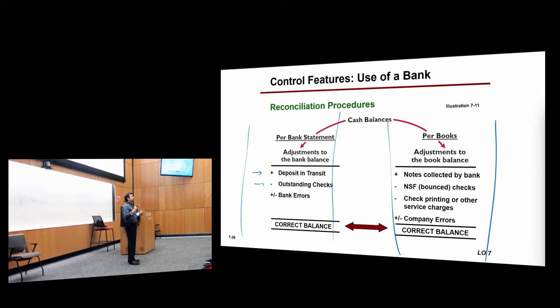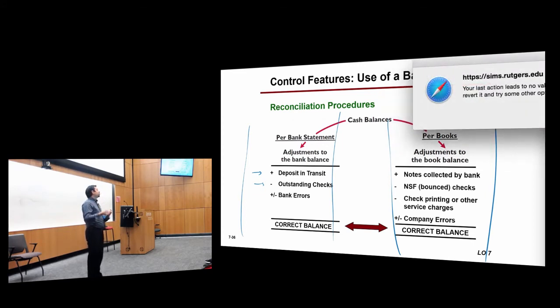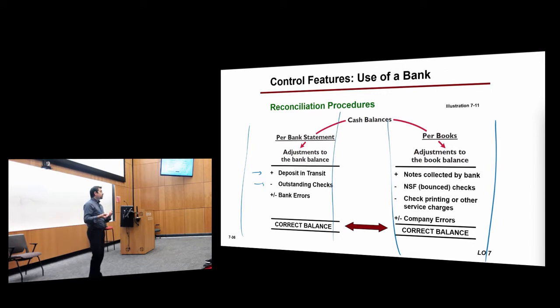According to the books, you still have not recorded the collection of that note. So you have to add the value of that note, including if it has incurred any interest, you have to add it. So you add the notes collected with their interest.